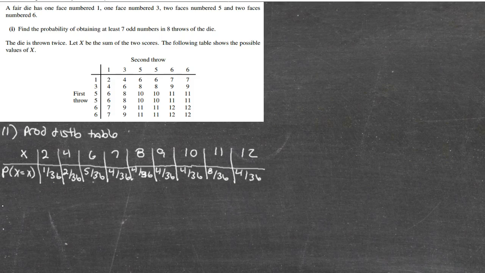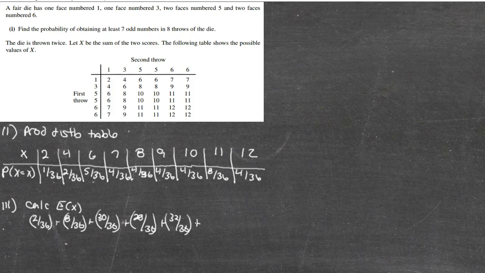For part 3, they want us to figure out the expected value. Well, that's not going to be too difficult. All I've got to do is multiply these. That's 2/36 plus 8/36 plus 30/36 plus 28/36 plus 32/36 plus 36/36 plus 40/36 plus 88/36 plus 48/36.